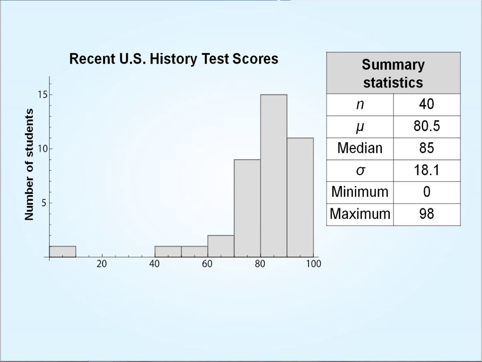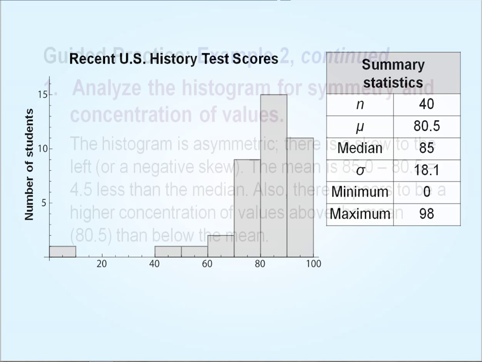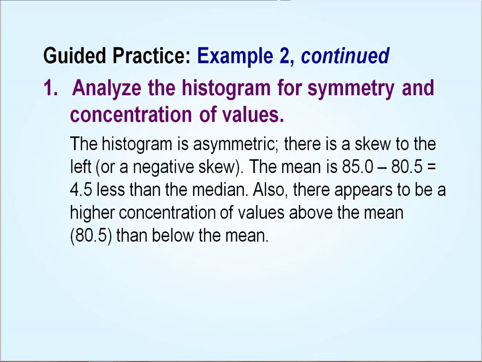So a couple of different things you can do. First of all, we can look at the histogram and see that it's not symmetric, otherwise known as asymmetric. There's a skew to the left, right? The mean is also 4.5 points less than the median.